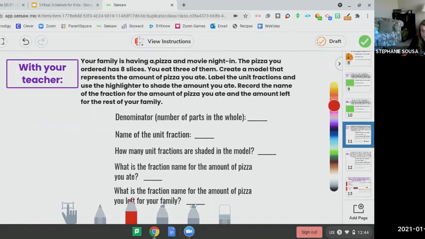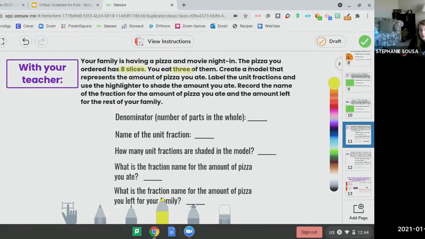Your family is having a pizza and movie night in. The pizza you ordered has 8 slices. That seems important. I'm going to highlight it. You eat 3 of them.